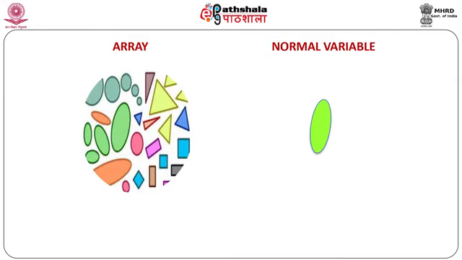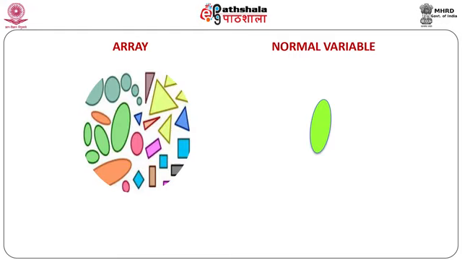Whereas in an array we get an ordered or systematic arrangement of similar objects. An array is nothing but a range of a particular type of things. In this picture we can see a range of colored objects. This slide tells the exact difference between a normal variable and an array.